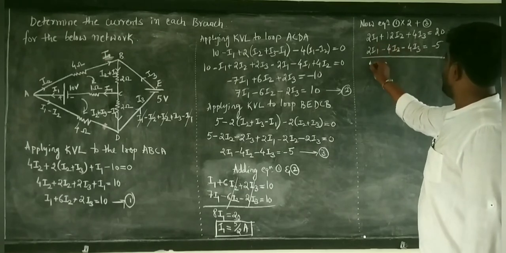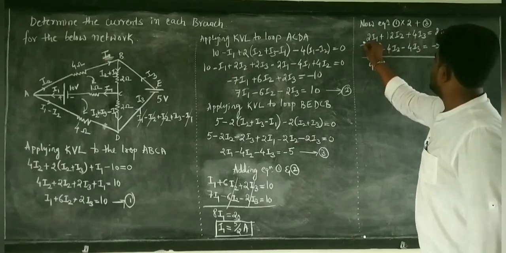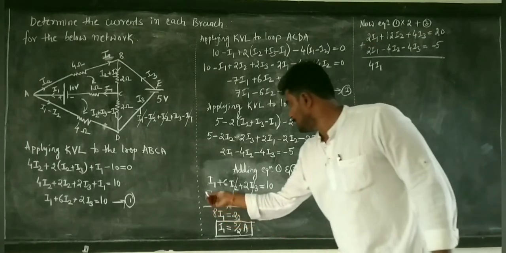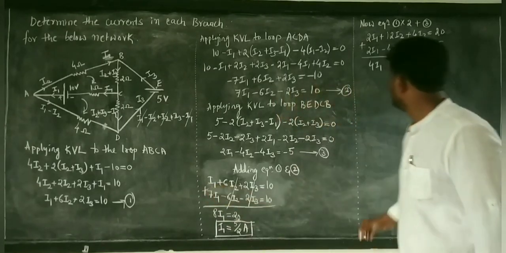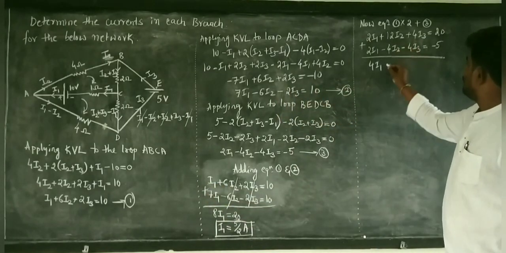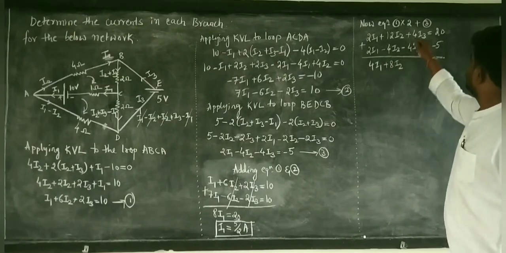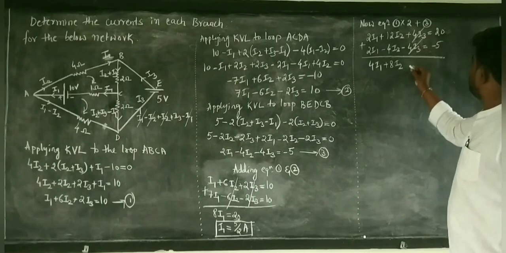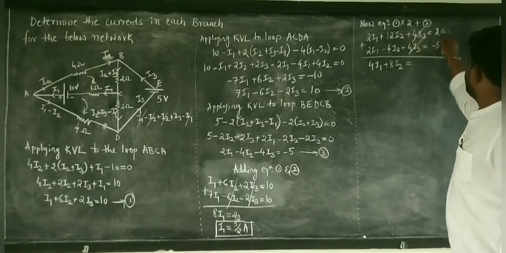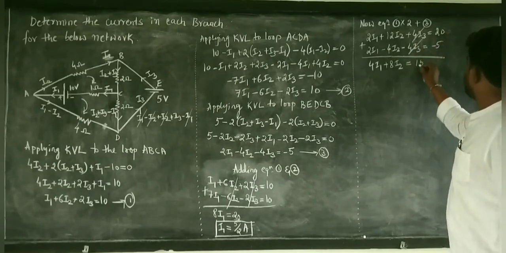So 2I1 and 2I1, we add, 4I1. Plus 8I2. Minus 4I3 plus 4I3 cancel. 20 minus 5, it is 15.